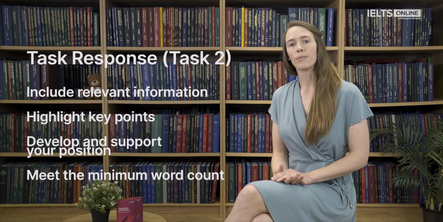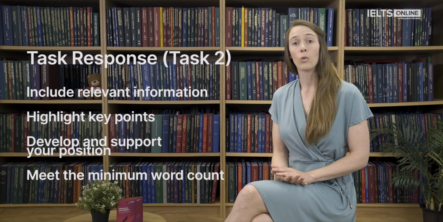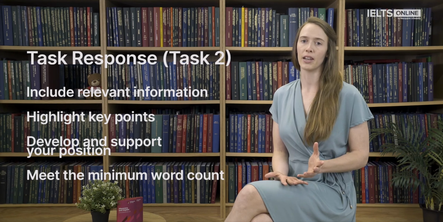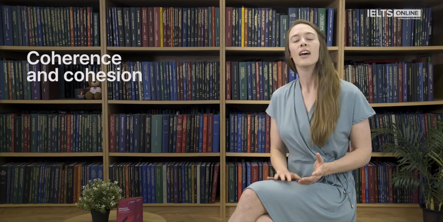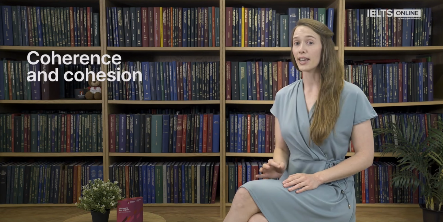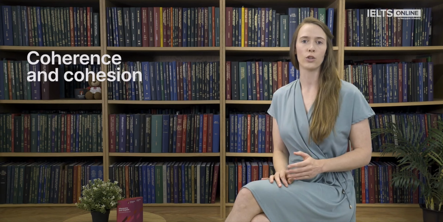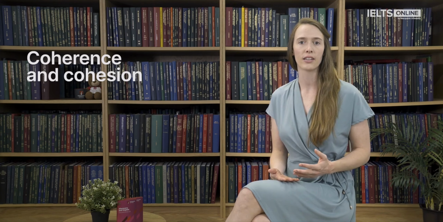Now let's move on to look at the band descriptors which are the same or similar for both tasks. The first of these is coherence and cohesion. This refers to how clearly and logically you organize what you write.